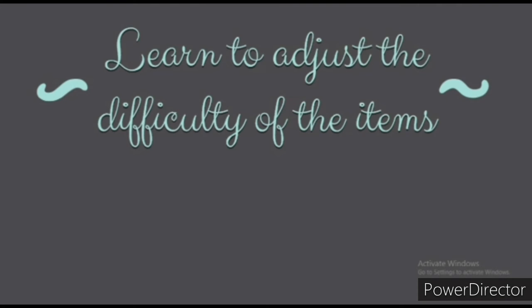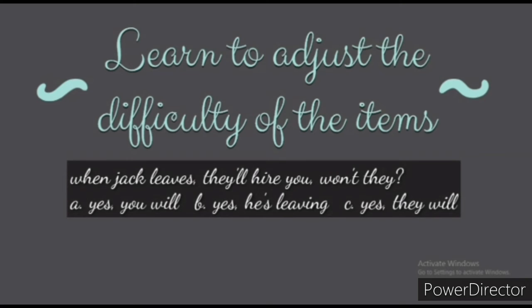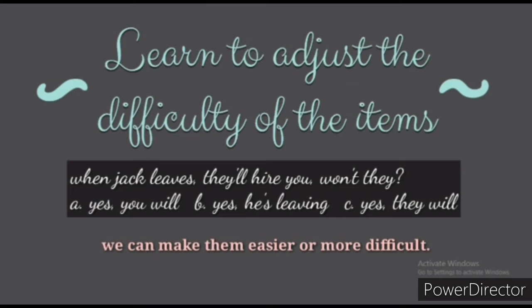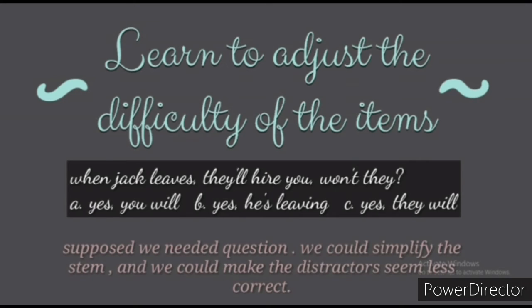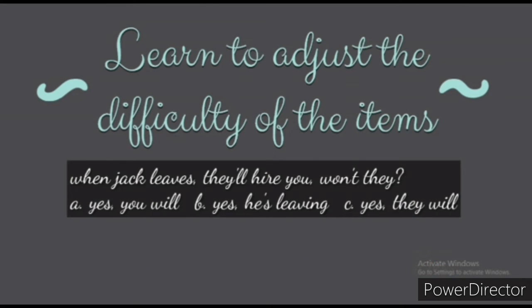Learn to adjust the difficulty of the items. We can take items like those illustrated in this example, and we can make them easier or more difficult. In other words, we can adjust them to match what we have taught our students. Suppose we need an easier question: we could simplify the stem and we could make the distractors seem less correct. Let's look at the example again.